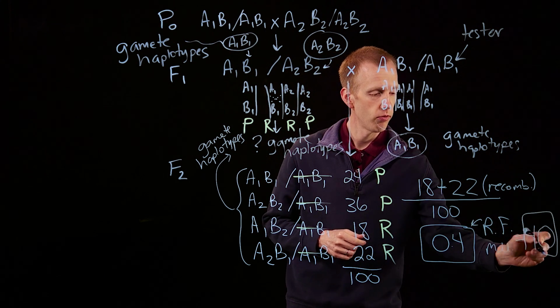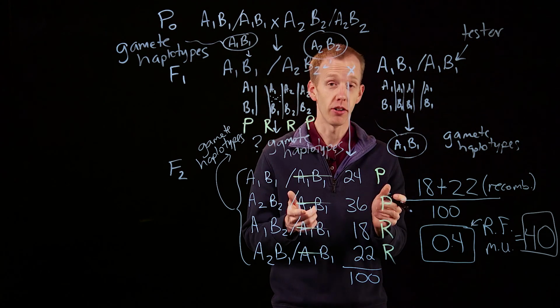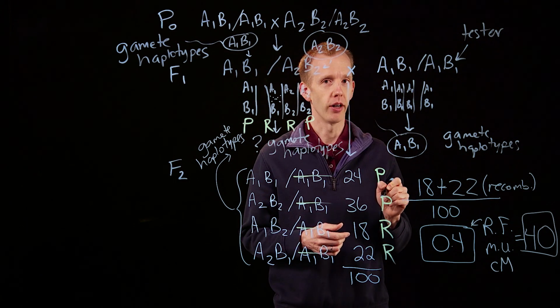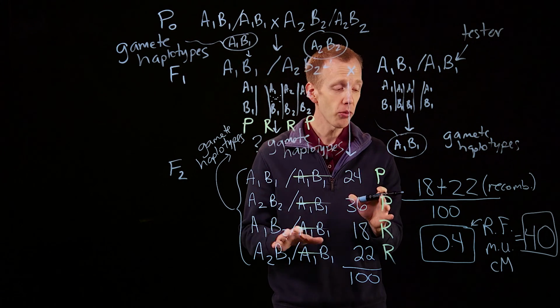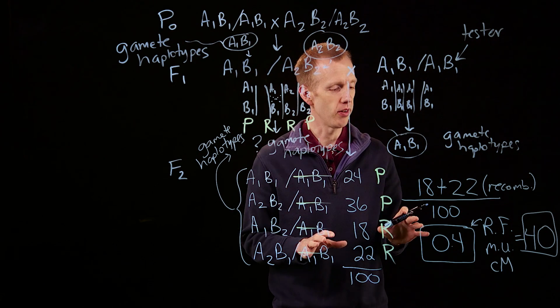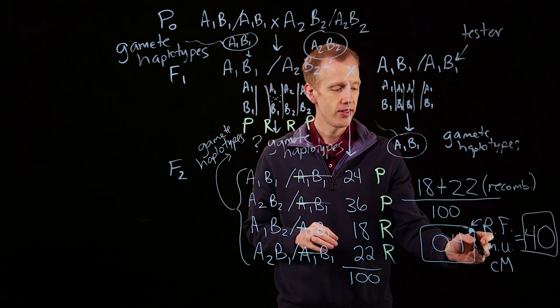So that's recombination fraction 0.4. Map units, 40. And most confusingly, or maybe unconfusingly, after the geneticist Thomas Hunt Morgan, who was the first person to play around with recombination, actually one of his undergraduate students was one of the ones that first worked all of this out, a map unit is equal to 1 centimorgan.